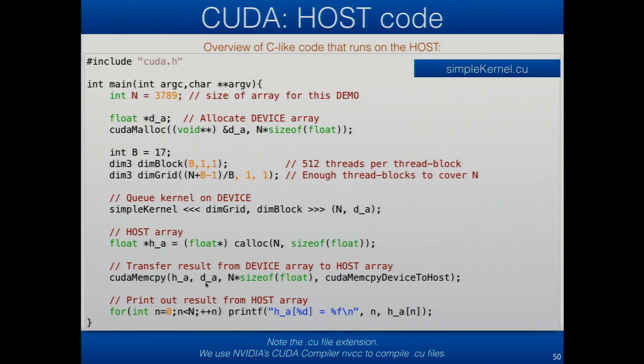Okay. And then we have to specify which way we want to copy data, because it's not smart enough to decide whether this is a device pointer or a host pointer, so we specify CUDA memcopy device to host. And then it blocks until the data's on the host, and then we can print out the entries of the array that have arrived on the host.